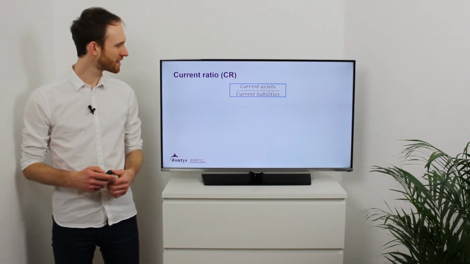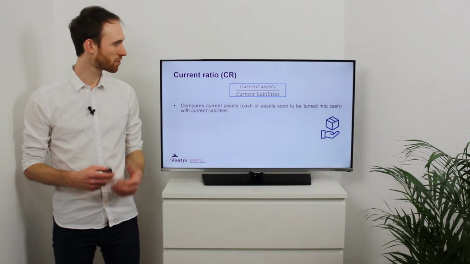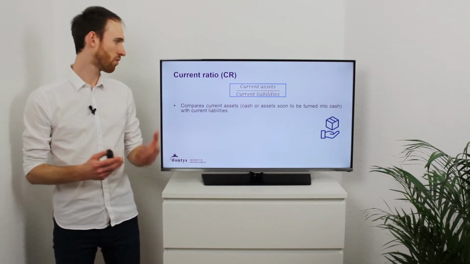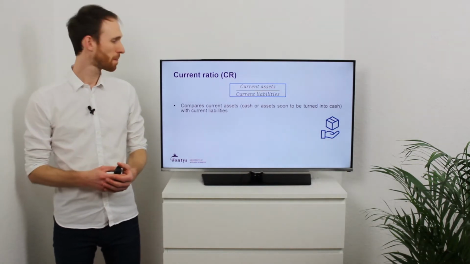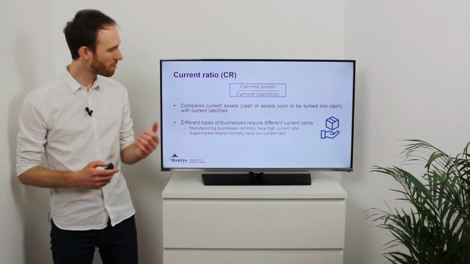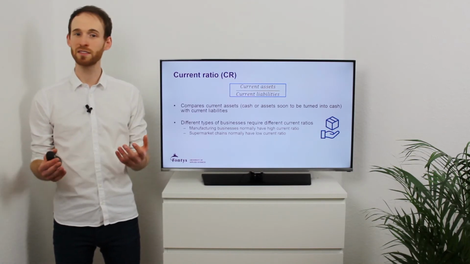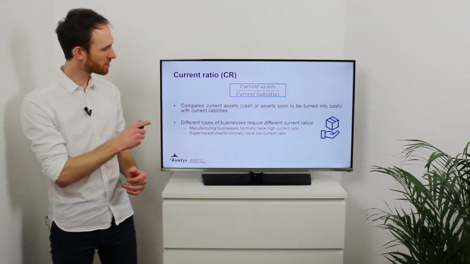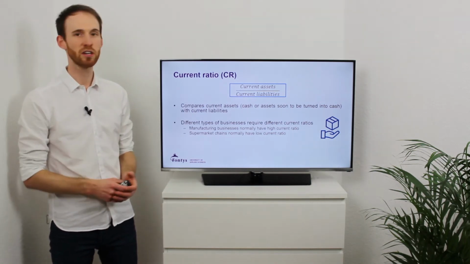So current assets are compared with the current liabilities, so cash or assets that soon will be turned into cash, for example the receivables. And that's also what I told you the last time with some of the ratios: different types of businesses require different current ratios.